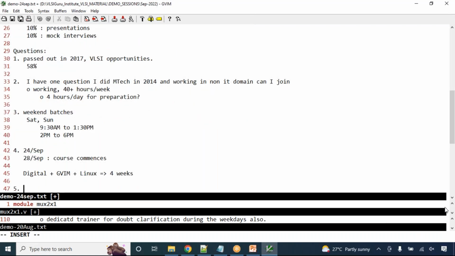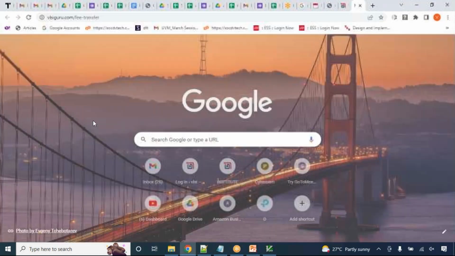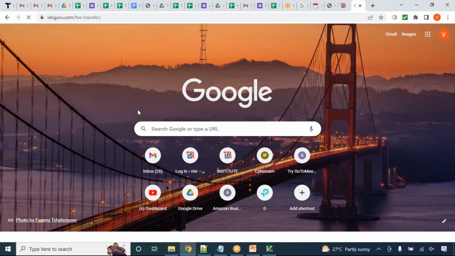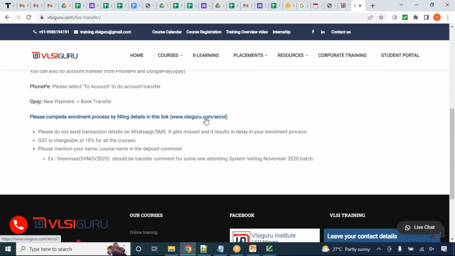You will get the account details and enrollment steps. First you make the payment. Then, once you are done, you need to fill the enrollment form. There you will enter all your details: your course, which mode you are joining, online or offline, your email ID, everything. Once the admin gets those details, they will support you with the rest of the process.